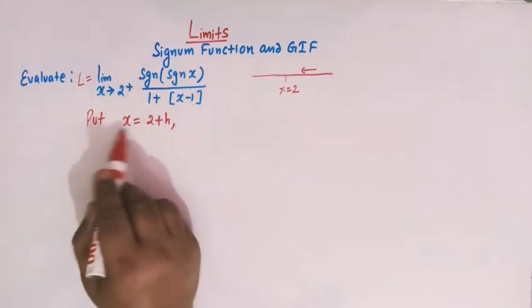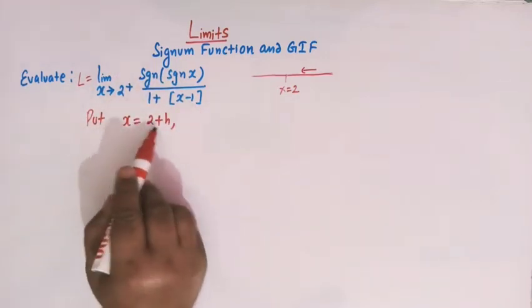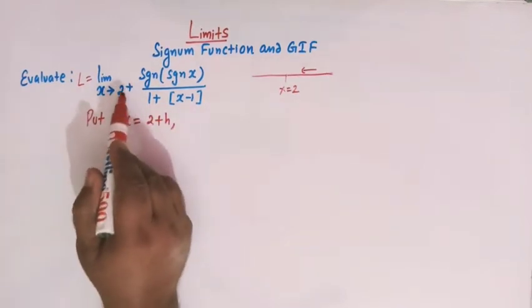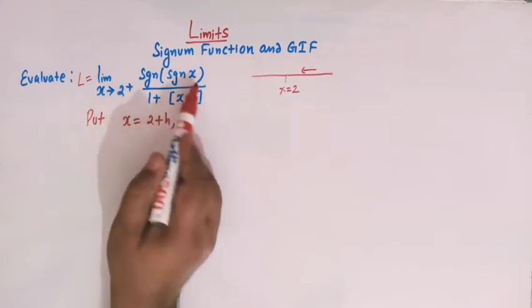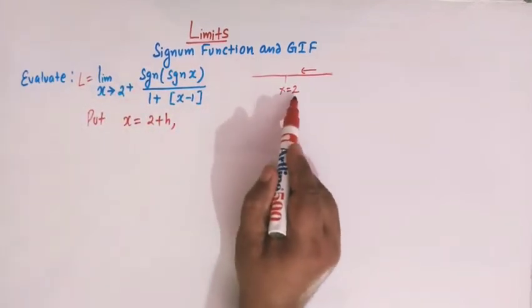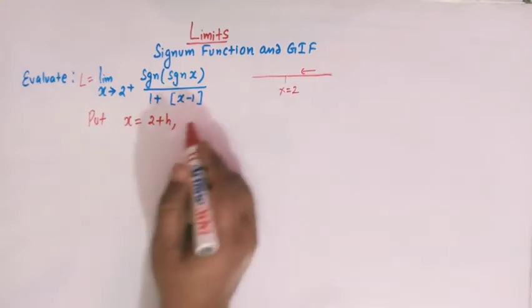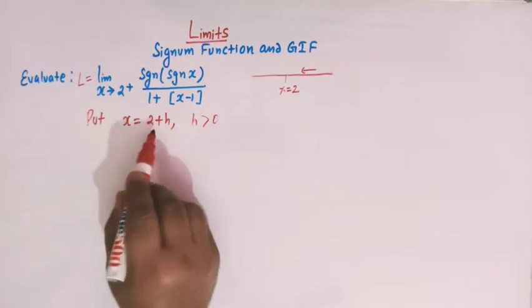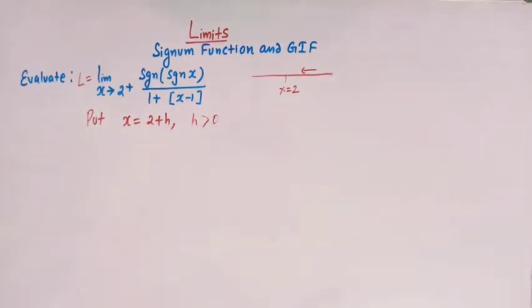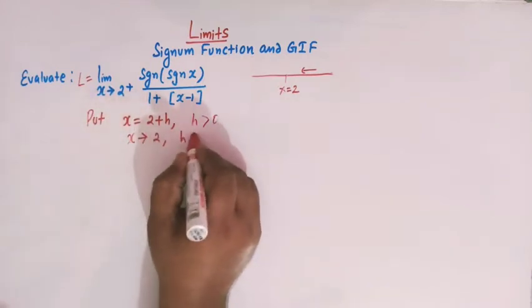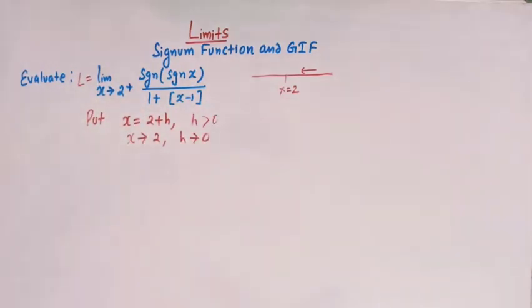We are taking x is equal to 2 plus h because we have to find the right hand limit of this function when x approaches 2. Here h is a positive and very small quantity, so when x tends to 2, obviously h tends to 0.